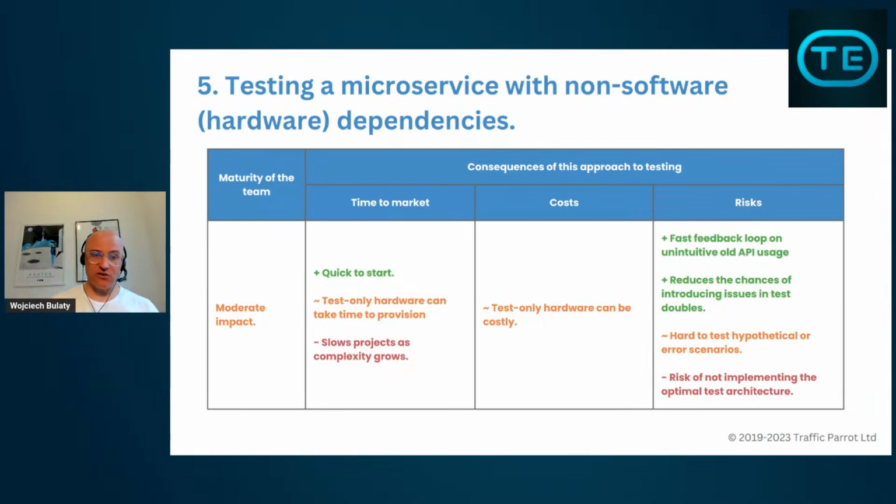But when you connect your microservice to that real hardware dependency, you get very fast feedback on how that API or service actually works, given the documentation is incomplete, or you can't actually understand after reading the documentation how certain conditions would be implemented. This is how I've seen the clients I was working with succeed with this method.